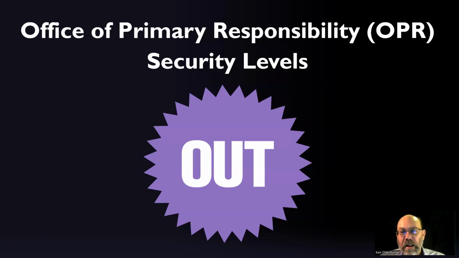Both of these, OPR and security levels, if you're talking about a broad functional classification system, lose meaning very quickly because there can be a wide range of offices or security levels within a single category. For example, agreements. There may be a wide variety of agreements dealt with by all different offices.